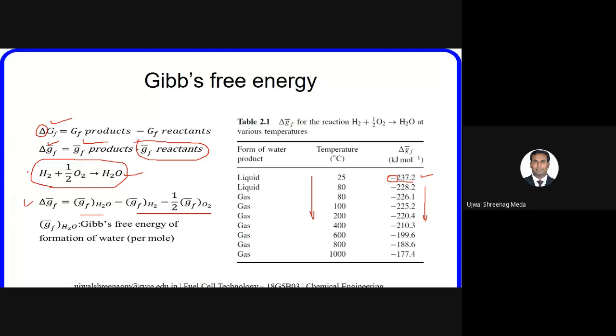We are supplying hydrogen at the anode and oxygen at the cathode. What is the reaction that takes place at the anode? The hydrogen gets split into protons and electrons. Protons move through the electrolyte. Electrons move through the external circuit.